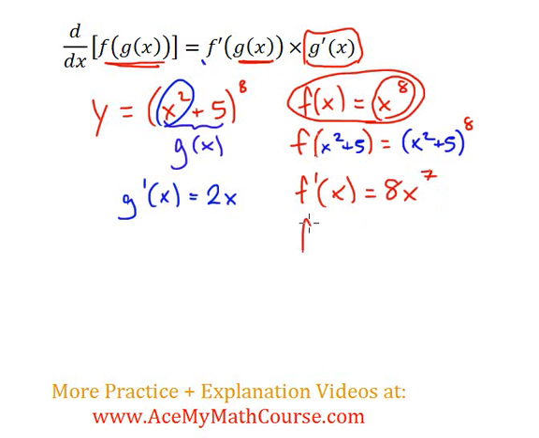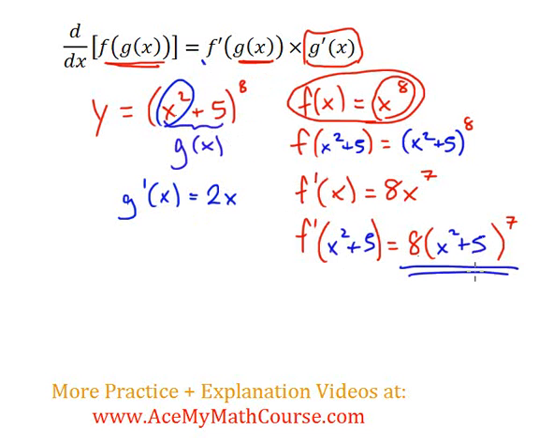But we're interested in f prime of g of x. To do that, I can just take the g of x, which is right here, the x squared plus 5, and plug it in. Look at that. So this right here is f prime of g of x.